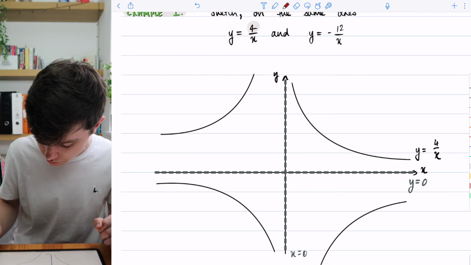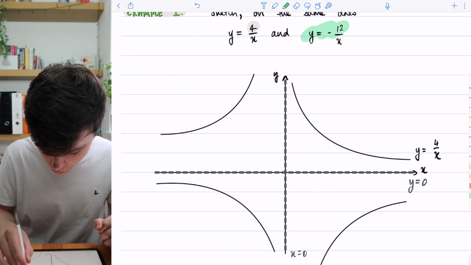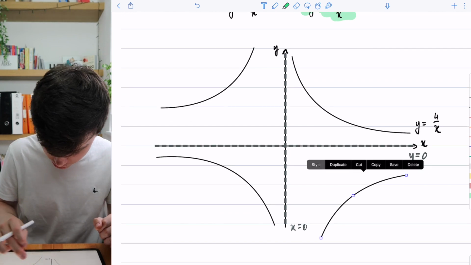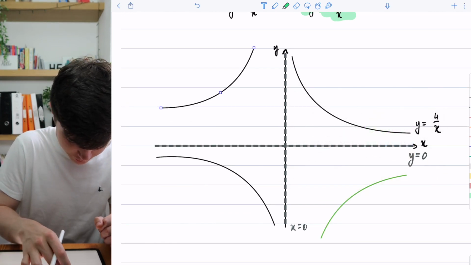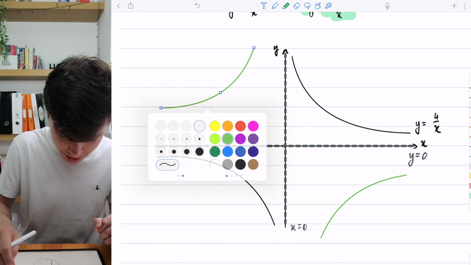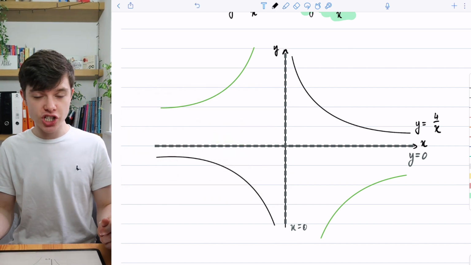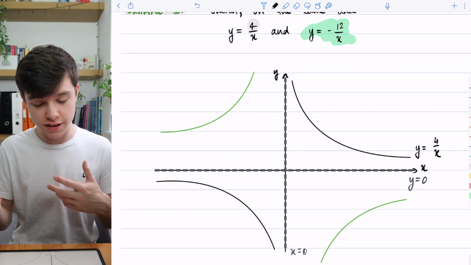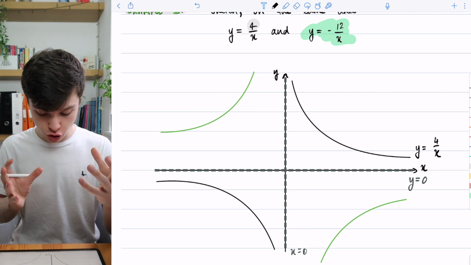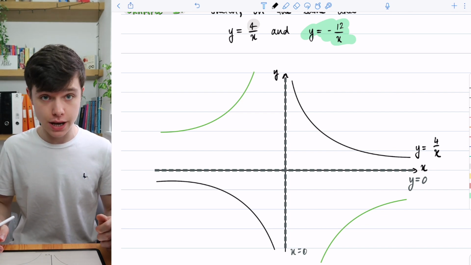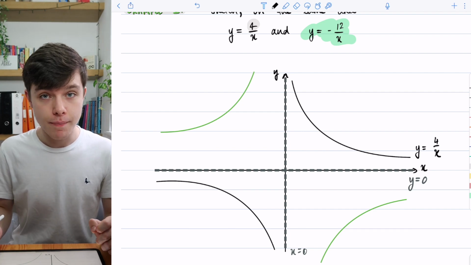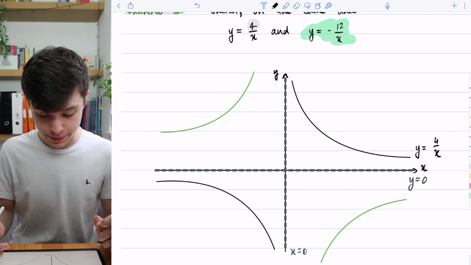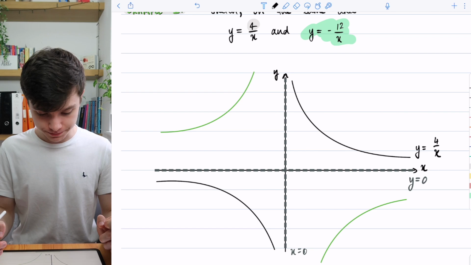I'll do this one in green. Okay, so we can kind of see they have a similar shape. They're in different places because one's positive, one's negative, but they just look a little bit further away from the asymptotes because of how they're sketched, basically, because of their values on the top.